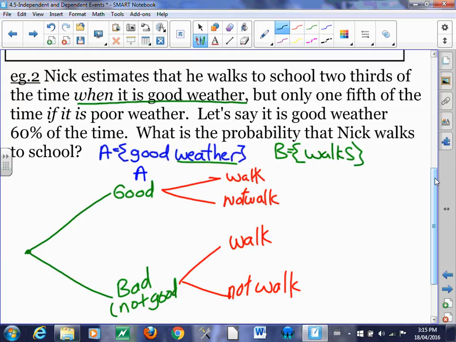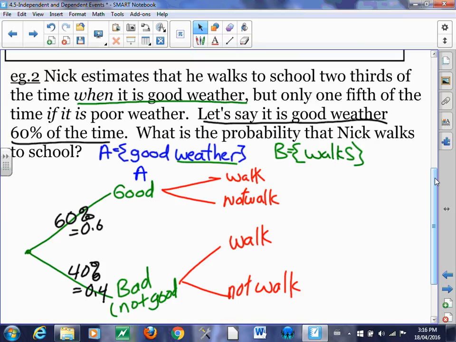Now we're going to put on some percentages. So first of all, let's say there's good weather 60% of the time. So 60% is good, okay, which equals, if you put into a decimal, 0.6. Everybody good with that? Which means the opposite of that is bad weather, which is 40%, which equals 0.4. Hopefully everybody's good with that. Okay.